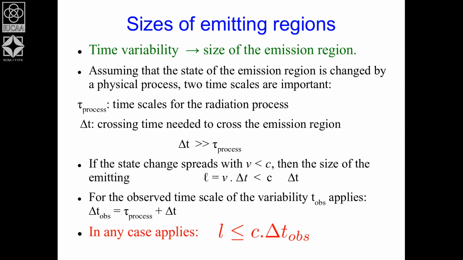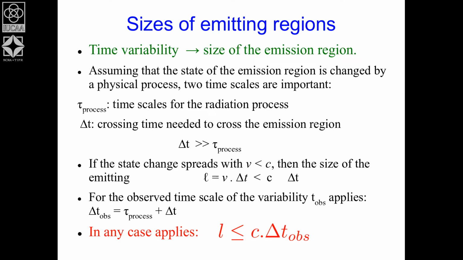If only a tiny region at the center is emitting, we will not observe huge variability. So that variability has to be caused by almost the entire emitting region. That means the disturbance which started at the center has to travel within the spherical region up to the outer region. And that's the crossing time scale.